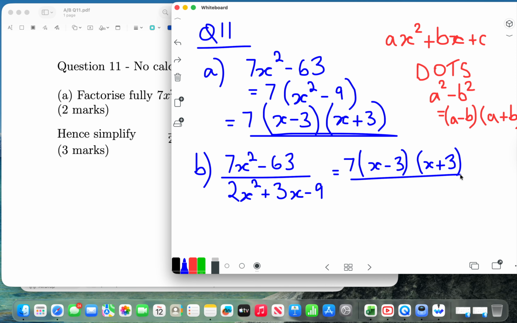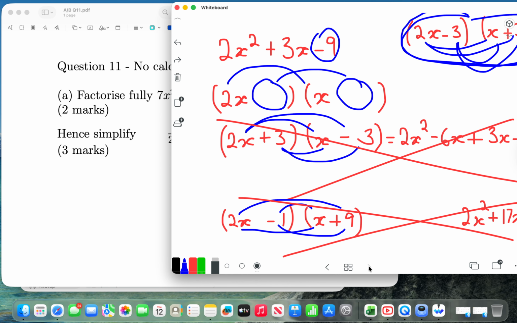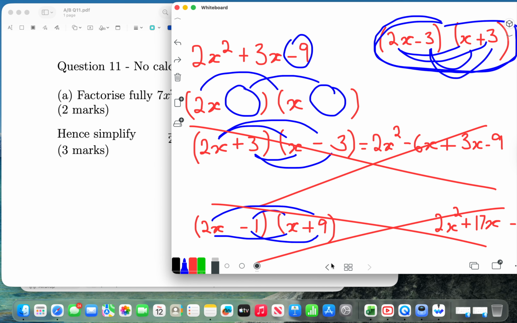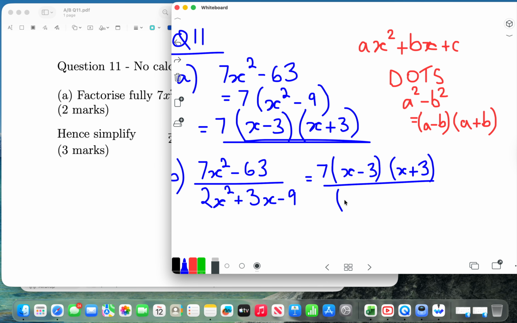Then we want to plug in this 2x minus 3, x plus 3, and the last thing we want to do is cancel out any common factors.